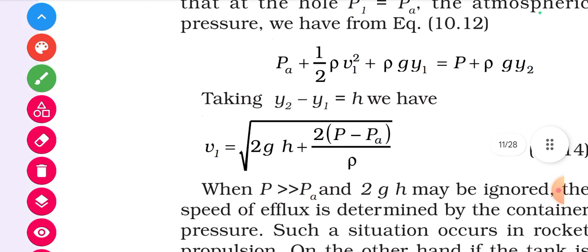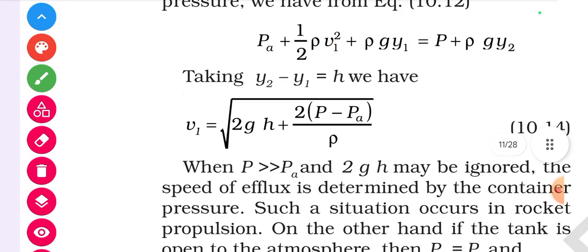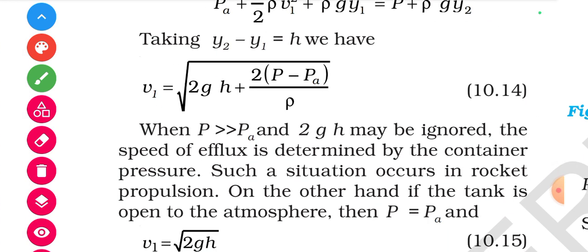We obtain this expression for the velocity of efflux: root of 2gh plus 2 times p minus pa upon rho. The condition is when p is very much greater than pa and 2gh may be ignored, the speed of the efflux is determined by the container pressure.